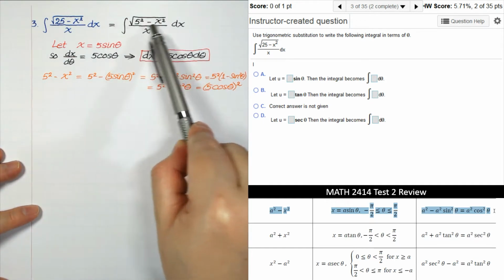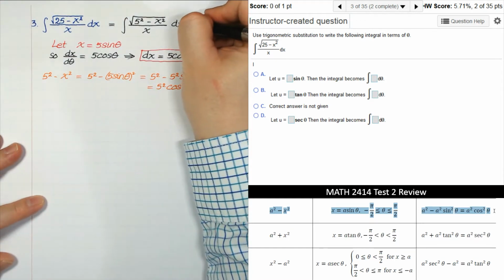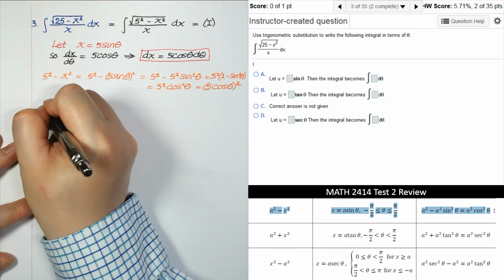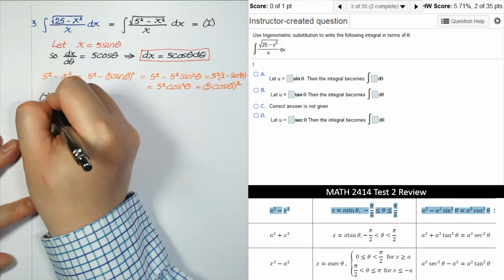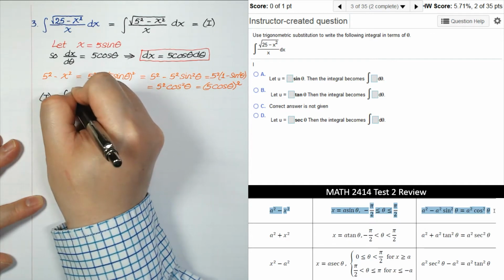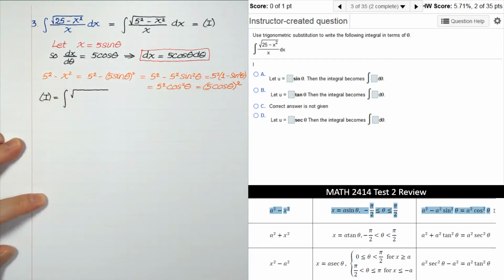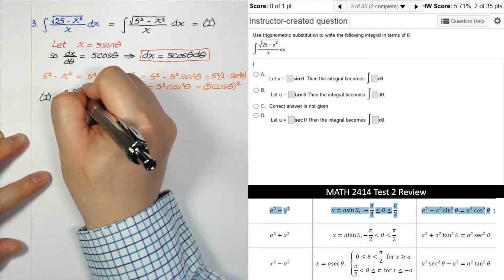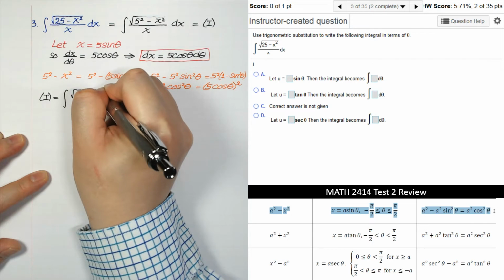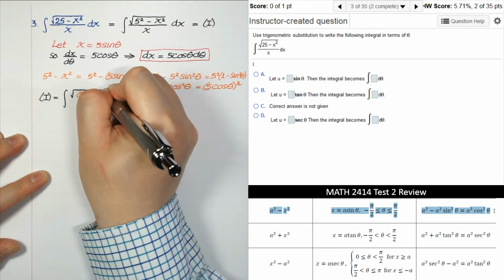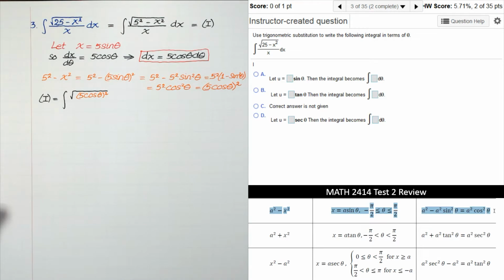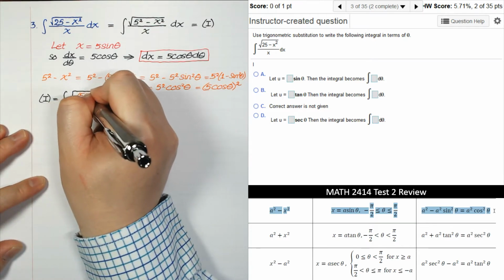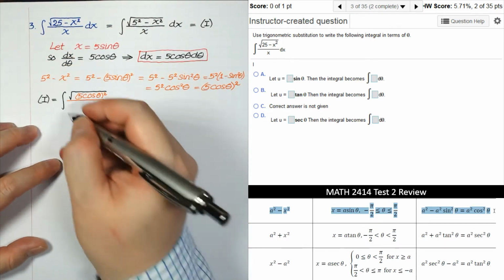And we substitute that into 5 squared minus x squared. Right, 5 cosine squared, where x is 5 sine theta.